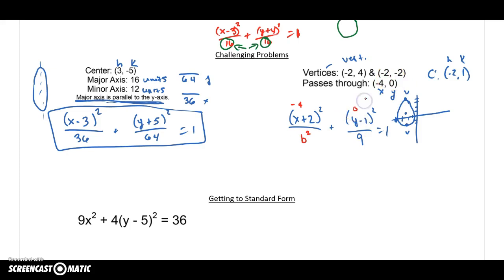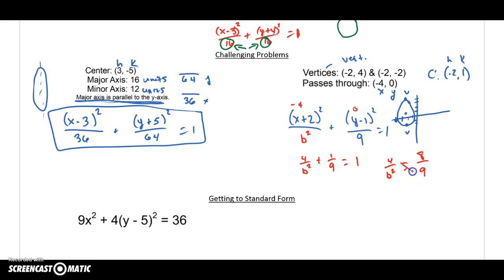So negative 4 plus 2 is negative 2, squared gets me 4 over b squared, plus 0 minus 1 is negative 1 squared over 9, equals 1. I'm sorry, that's not equals, it should be plus. Okay, subtract 1 over 9, so that gets me 4 over b squared equals 8 over 9.